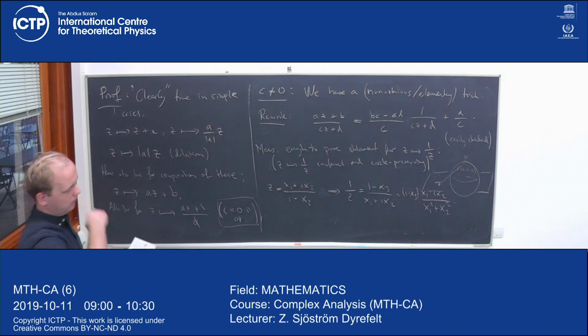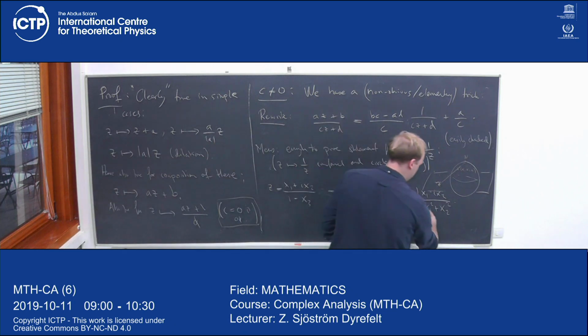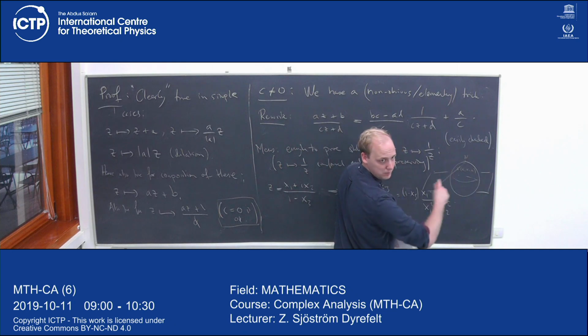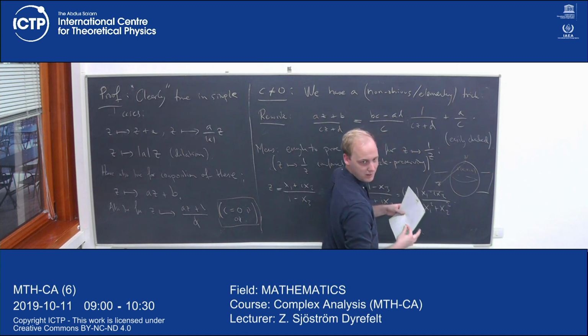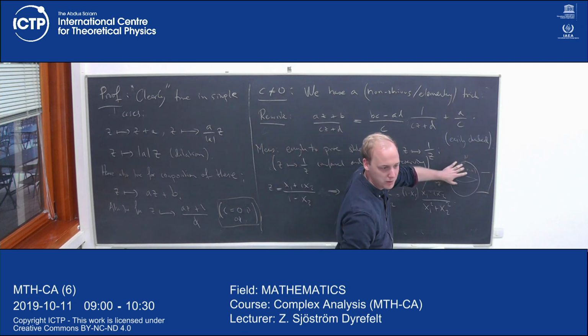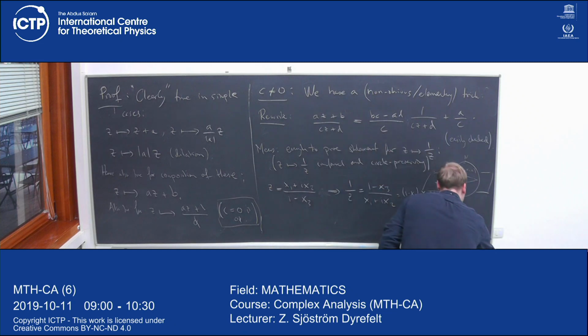And so now what do we do with this? We actually have some information about x1 squared plus x2 squared. Exactly. Why? Because we know that it is on the unit ball, the unit sphere. So this means that x1 squared plus x2 squared plus x3 squared equals 1.